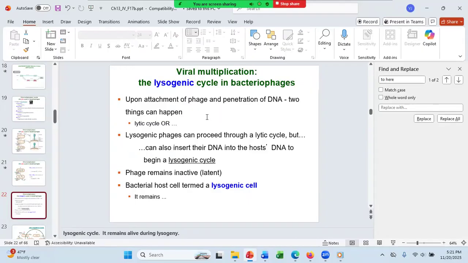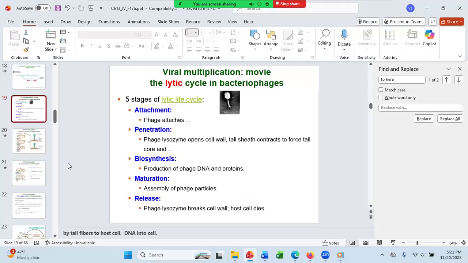It can enter the lytic life cycle and go through the lytic life cycle that I just discussed. So a lysogenic virus can enter the lytic life cycle, and it has to make this decision immediately once it infects the host cell. Any question about any of that?